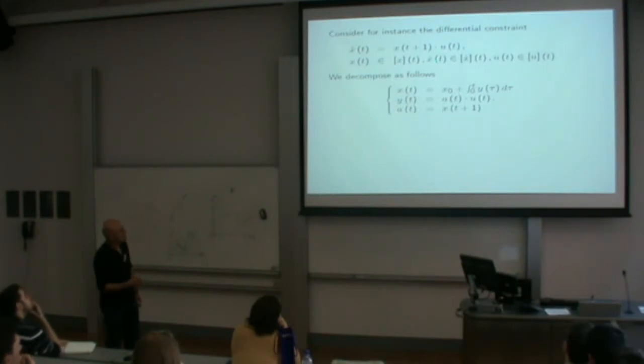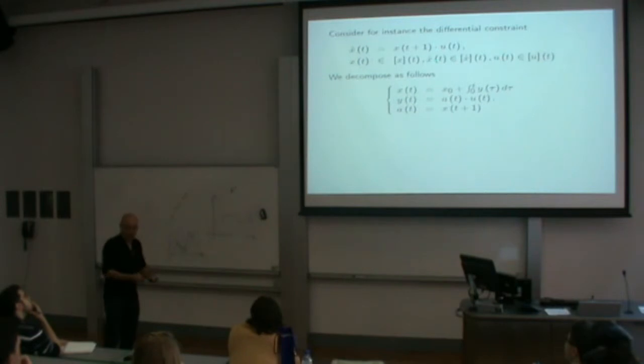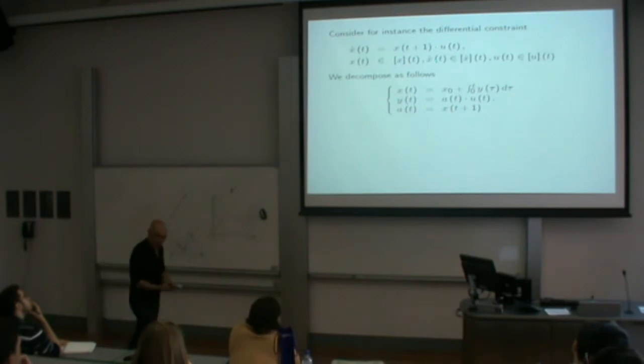So if I introduce A and Y, this simple equation corresponds to these three equations. These three equations are called primitive equations. I mean that I will have a contractor for this kind of equation, for this multiplication, for the delay, and thanks to interval tube arithmetic, I will be able to build the contractors associated with each primitive equation. If I do not have a primitive equation, then I will have to decompose into simpler constraints in order to get primitive constraints.